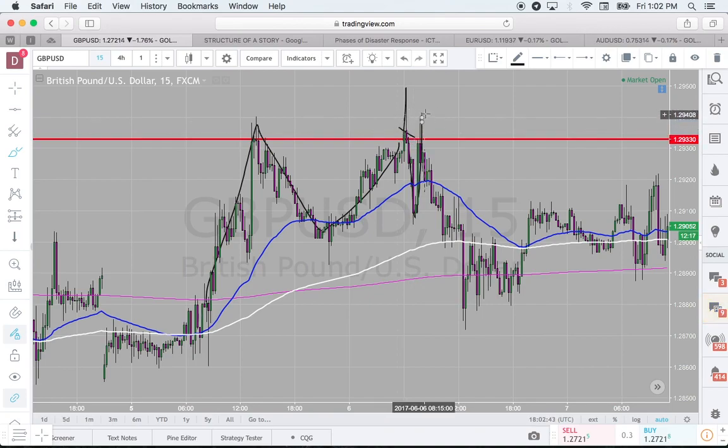And then you can see the stop hunt happened. Grab any orders there, any pendings, activate them, and then drop once more.